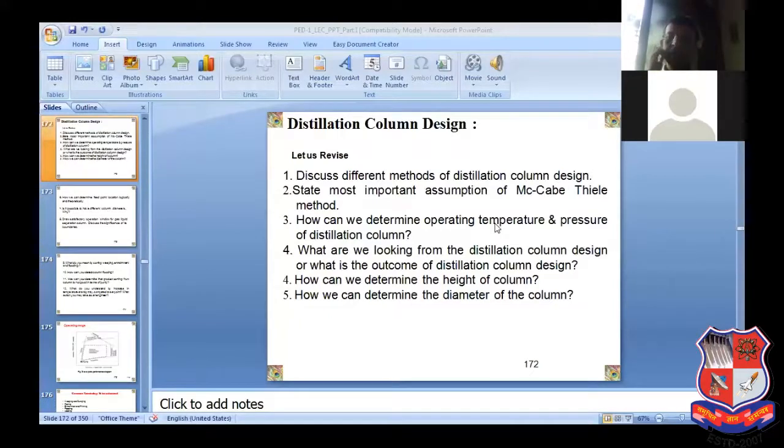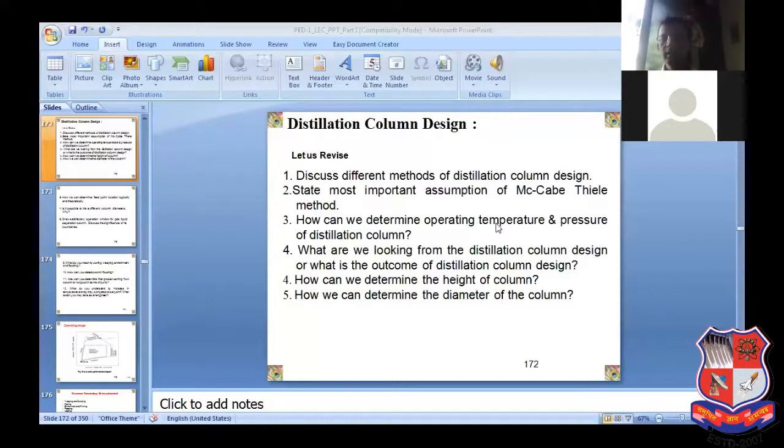Normally we say that whenever the pressure drop requirement is lesser, a very stringent requirement, we recommend a packed column. Otherwise, definitely we can go for a tray column, when you are operating above atmospheric pressure, when the pressure variation is very large. And when the operating quantity is very large, we normally recommend a tray column design.